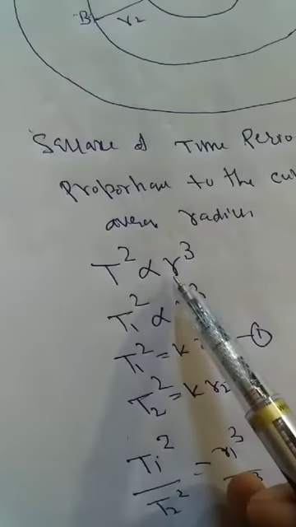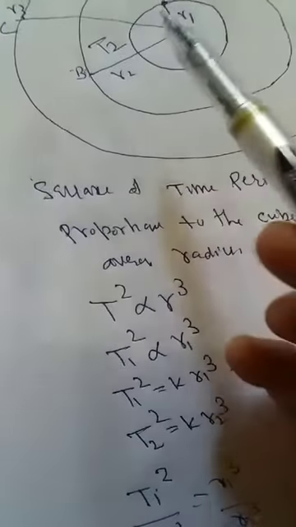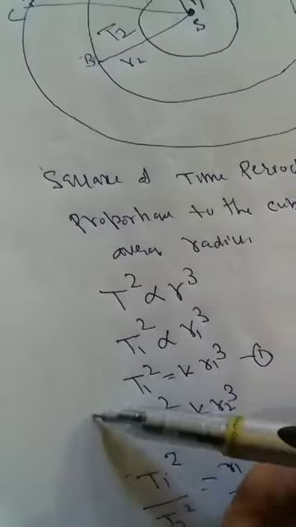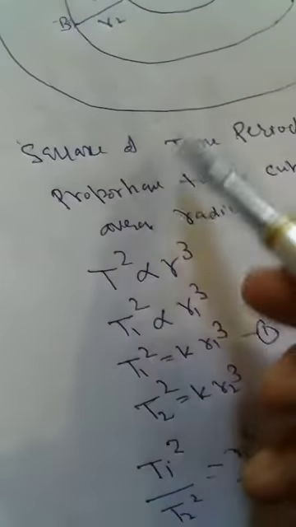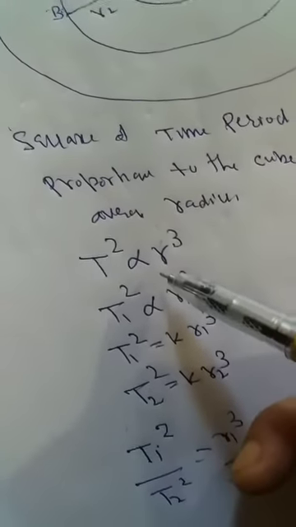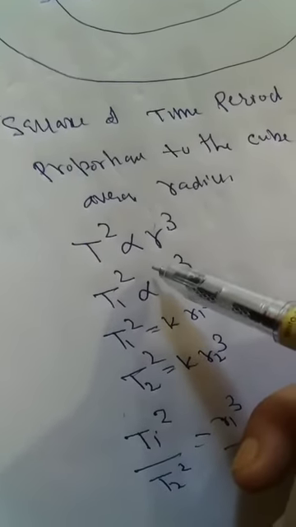That means the smaller the average radius, the smaller the time period will be. Thus, the larger the distance of a planet from the sun, the larger will be the period of its revolution around the sun. They are directly proportional. See, this is also a relation.